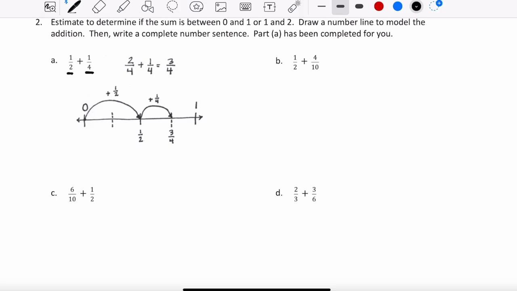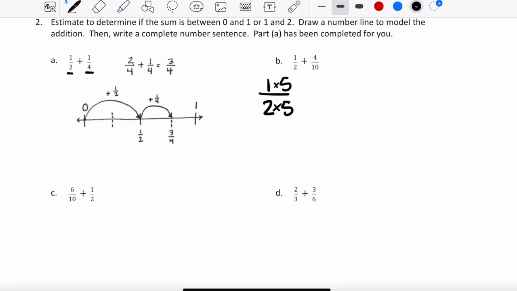So, if we look at the next problem, we have 1/2 plus 4/10. We cannot just add 1/2 plus 4/10, but we can take 1/2 and times it by any number that would get it to 10.